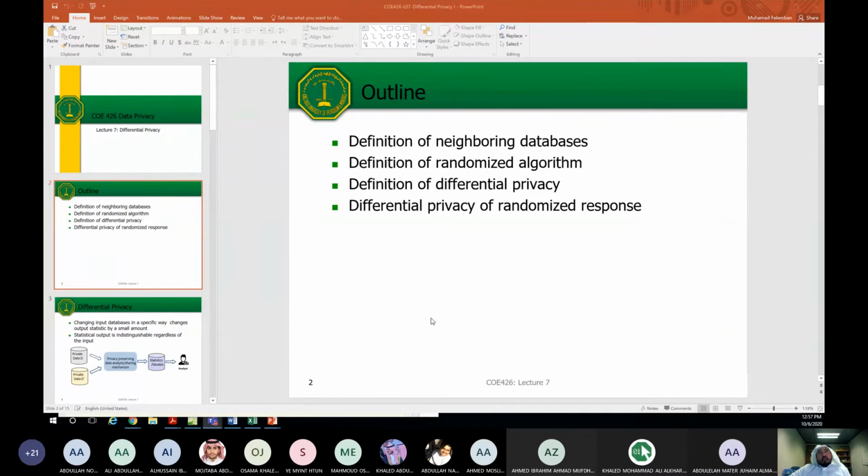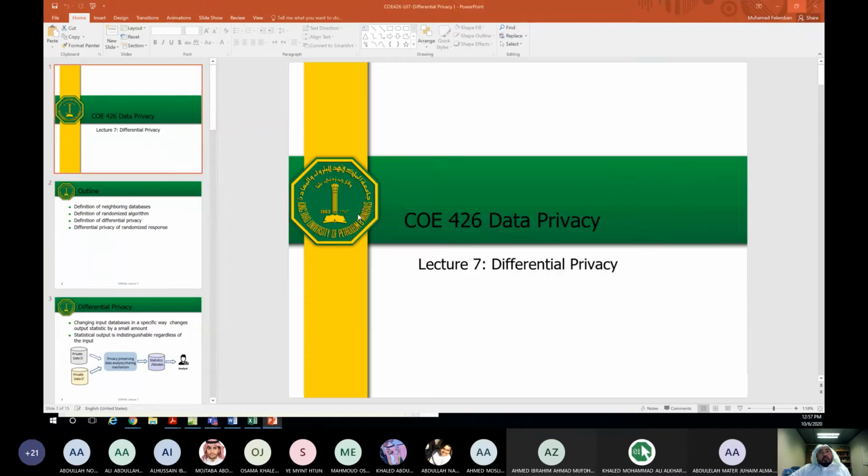Okay. Now in the second part, I would like to take only one step, I promise you, toward the formal definition of differential privacy. Because last time when I explained it to the class, students had a very difficult time understanding and comprehending it.